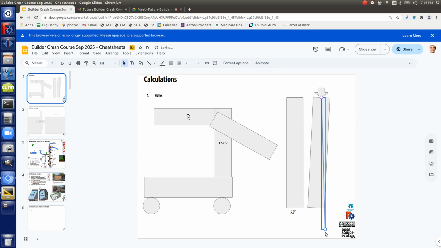So I'm going to draw that line straight down. So I just drew it straight down. Okay? So what's happening here? What we're seeing here is that now all that force, because this is almost off the ground, is only on this part.